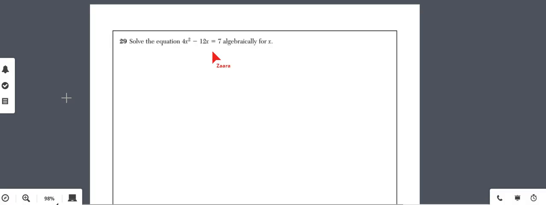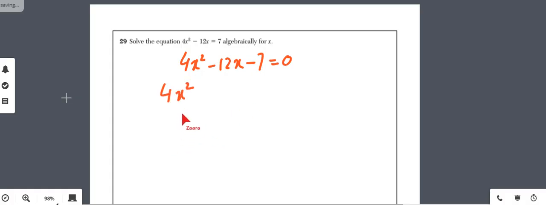So it is 4x squared minus 12x, but I am taking this 7 to the left side, so it will become negative 7, equals 0, right? So now I have to make factors for 28, because 4 times negative 7 is negative 28. So let's see how I can break it so that I can get negative 12 too.